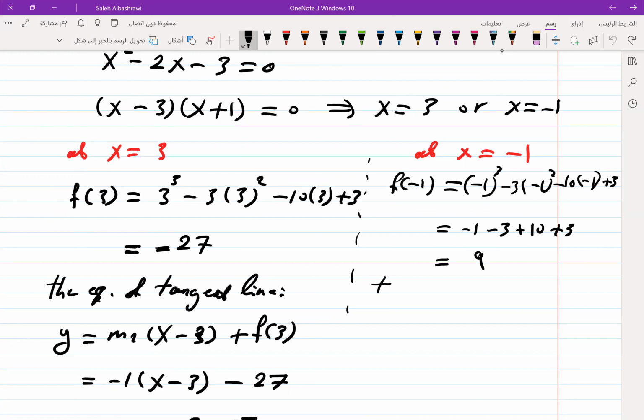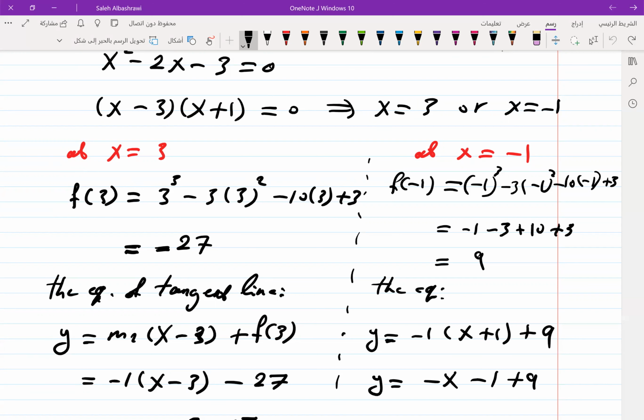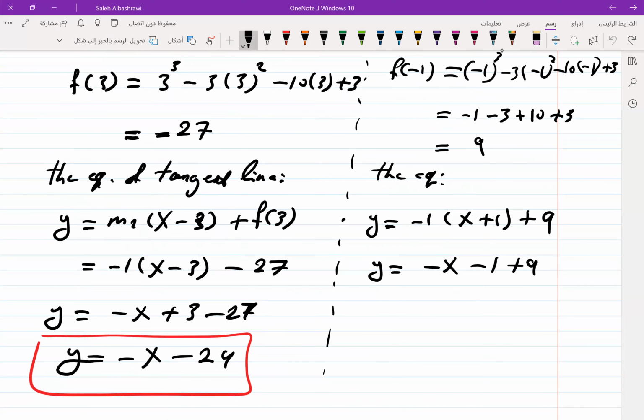So the equation will be y equal to m2, which is minus 1, multiplied by (x plus 1), plus 9. So y will be minus x minus 1 plus 9, or just equal to minus x plus 8.